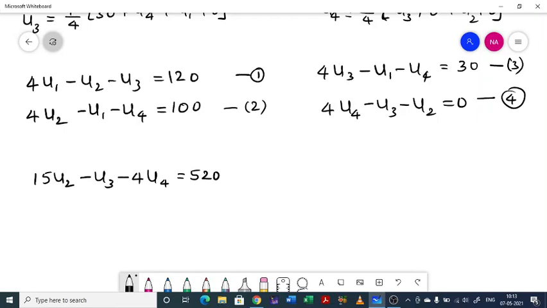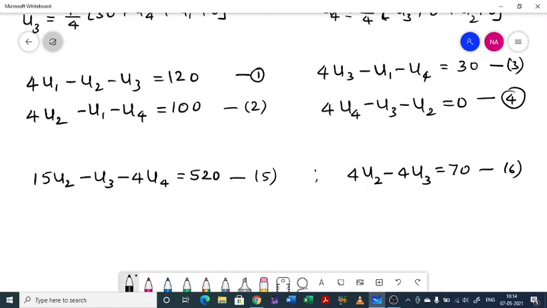From these two, I'll call this equation 5. From equation 2 and 3, eliminating u1, we will be getting 4u2 minus 4u3 equal to 70. Call that equation 6.